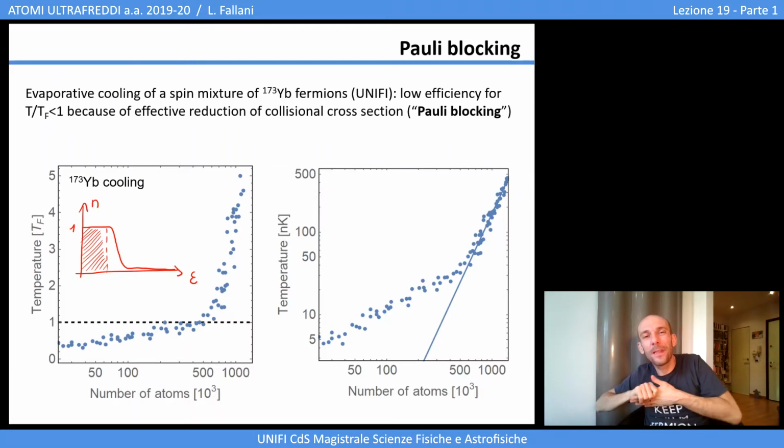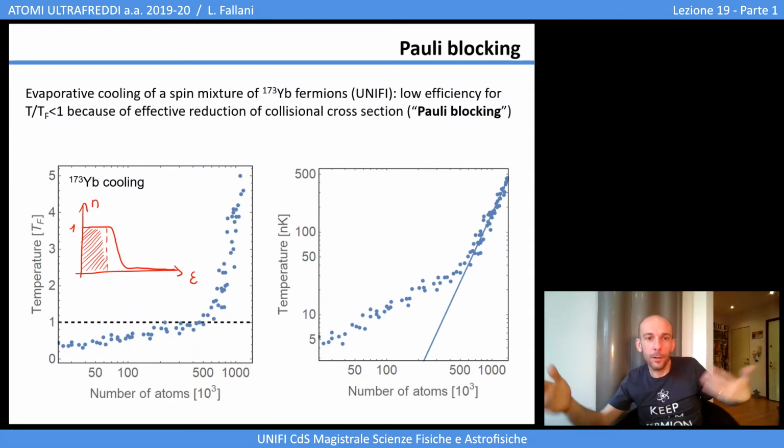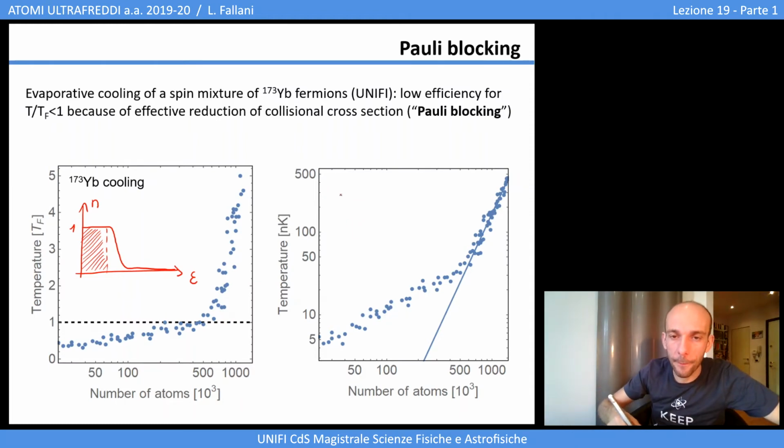And so you have this density of states effect, an effective reduction of the number of states that are available, that leads to an effective dependence of the scattering cross-section on the temperature. In particular, when T over T_F goes to 0, the scattering cross-section also goes to 0.